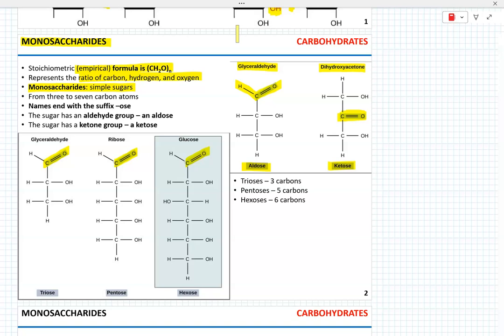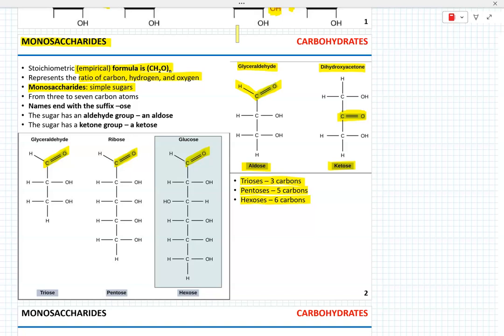Depending on the number of carbon atoms in the monosaccharide, they can be grouped into trioses, having 3 carbons, pentoses, having 5 carbons, and hexoses, having 6 carbons.